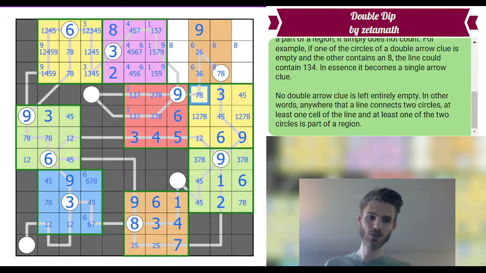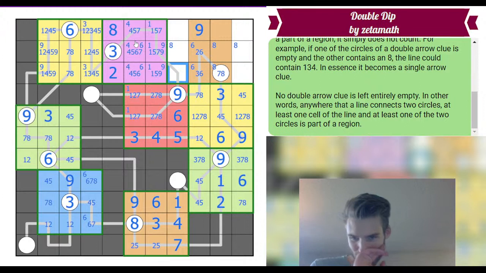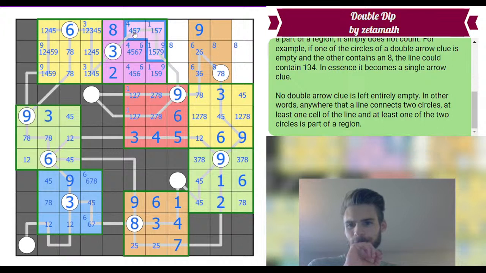You have all but one cell. Which double arrow? This one? I don't know what that joins. Unless there's something else. Because these could easily be 12, I think.